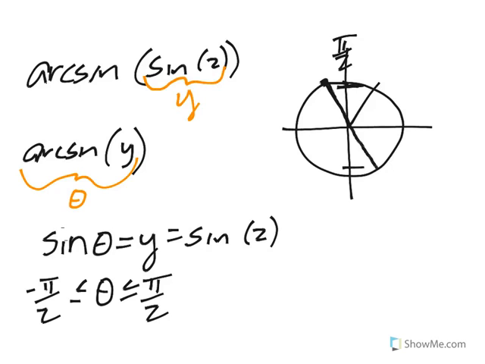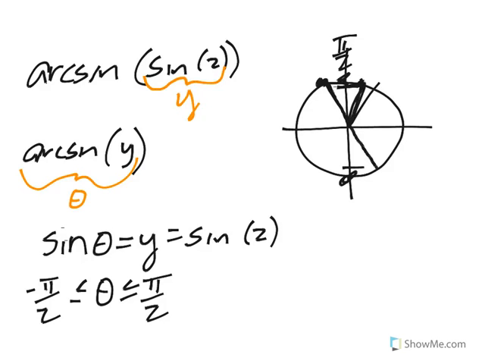Take a minute to think about that. Hopefully you thought of it. Wait a minute, the y-coordinate's negative over there. So I'm looking for something between negative π/2 and π/2 that has exactly the same y-coordinate. It's actually over here. So I have to think about what's the relationship between 2 and this other spot right there.